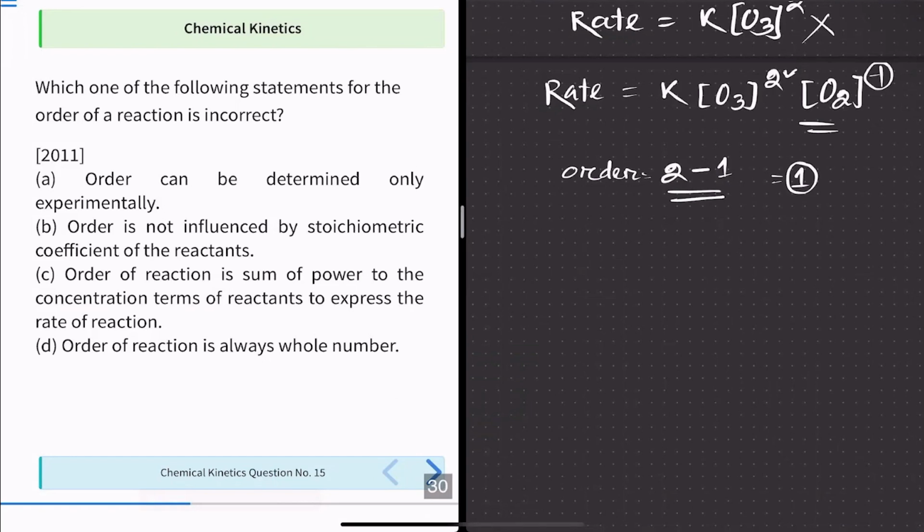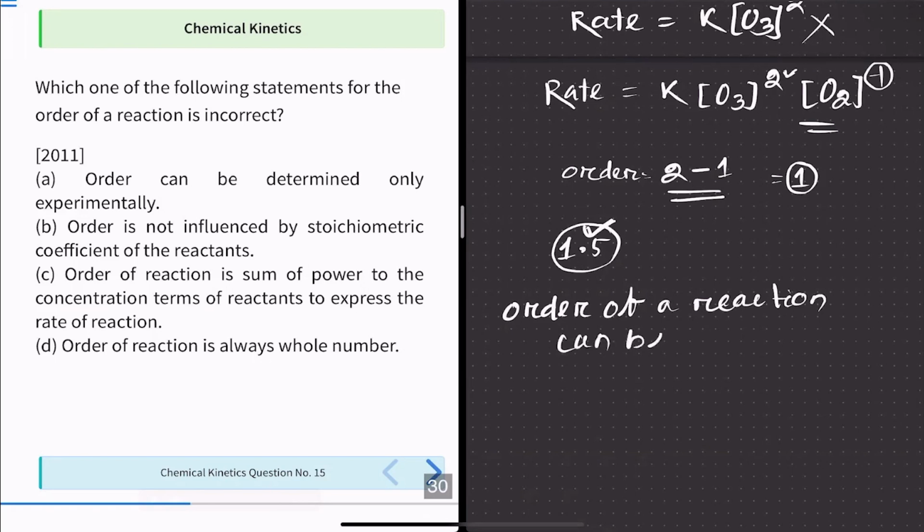What was the order of that reaction? It was 1.5. Is it a whole number? It is a fraction. So order of a reaction can be negative, positive, or 0. Or fractions also.